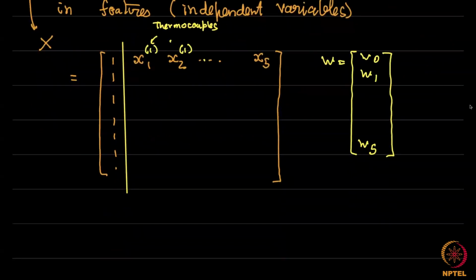And once again, if you see the model, it looks exactly the same. Y hat equal to X times w. For example, at the first point, y hat would be w0 plus w1 x1 plus w2 x2 up until w5 x5.